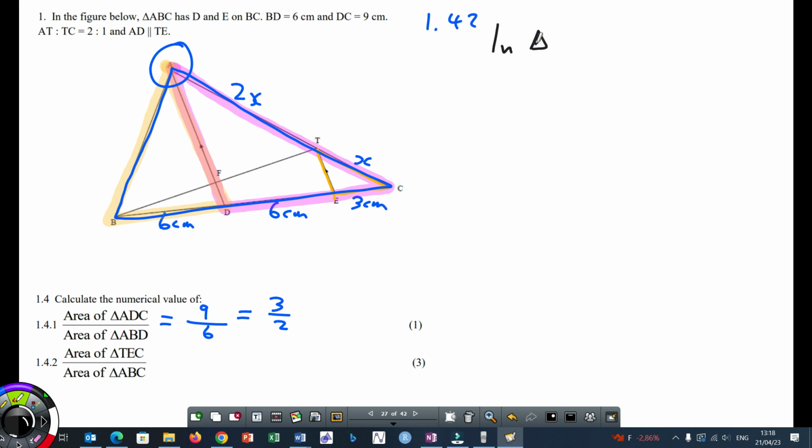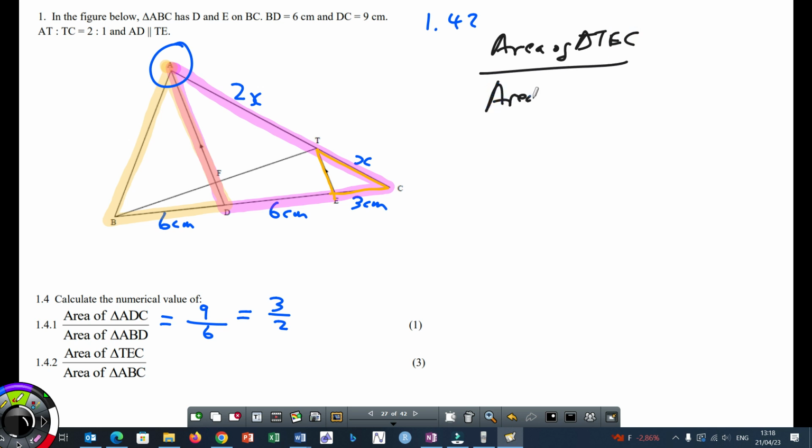No need to write in triangle, just write straight away the area. So, area of triangle TEC over the area of triangle ABC will be equal to, now, I've got all my dimensions, so it's very simple to do.